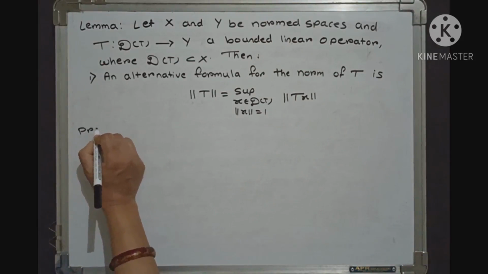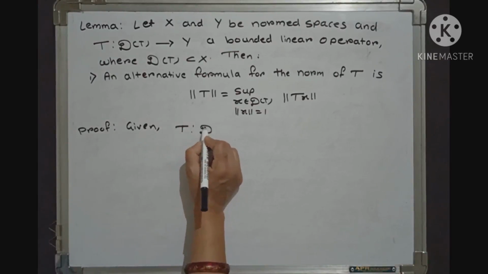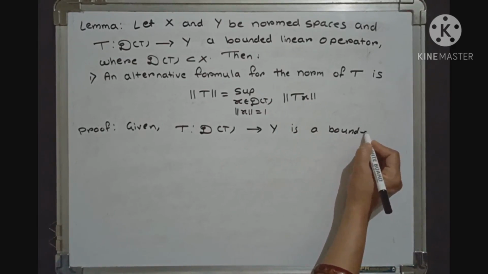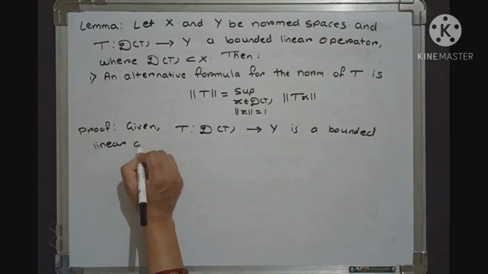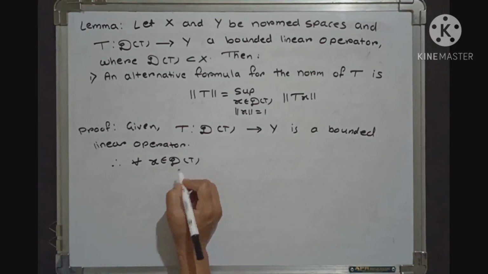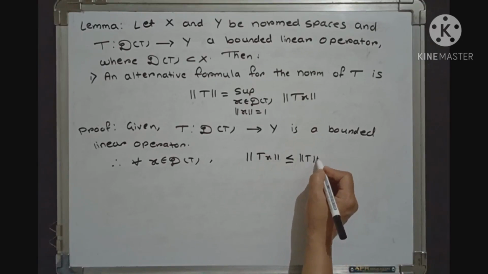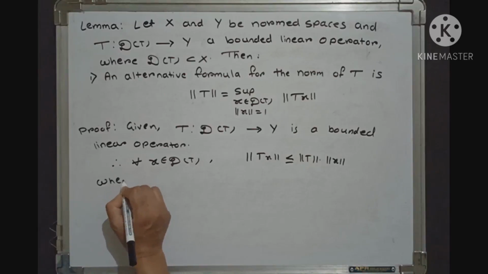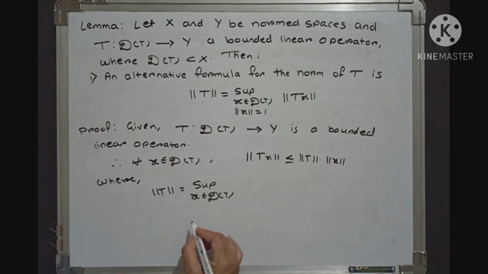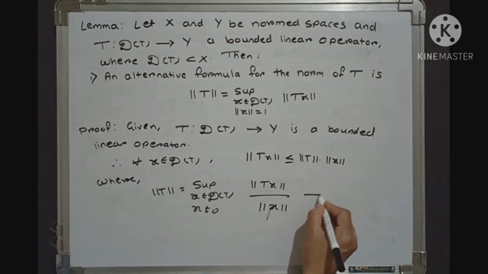So in the proof, given that T from D(T) to Y is a bounded linear operator, therefore for all x belonging to D(T) we can write that the norm of Tx is less than or equal to the norm of T times the norm of x, where the norm of T equals the supremum over x belonging to D(T), x not equal to 0, of the norm of Tx divided by the norm of x. Now we give it the equation number 1.